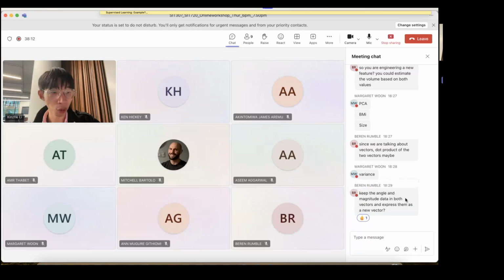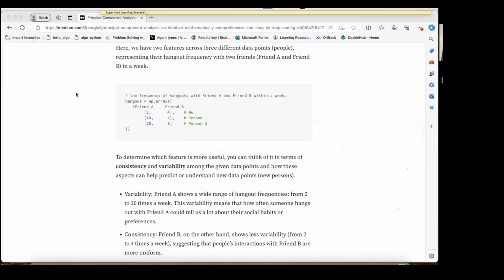Any question? Nope. So I think everyone is clear with this data. My question is, if I want to take one column and look at one friend, it can tell me some patterns about the data.